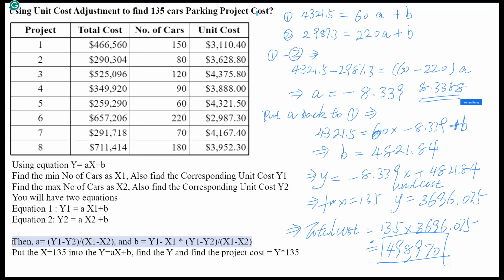Keep your 4 decimal places as much as possible. You should get a very close number to this. I'm not going to check the detailed numbers, but I will check if your logic is correct.